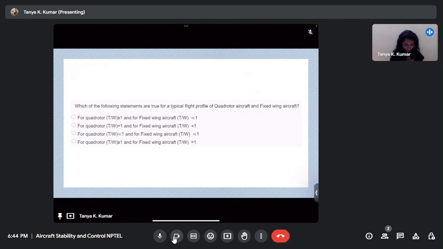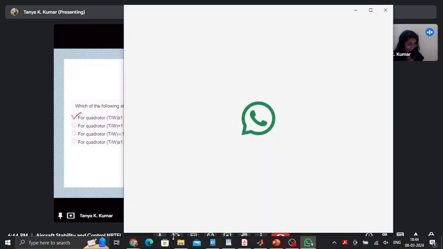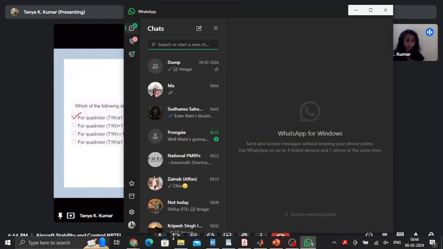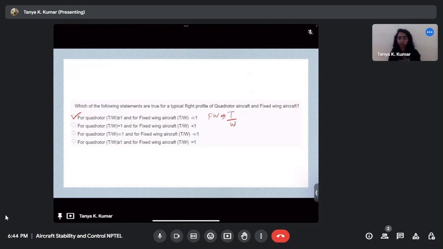So the first one is the right answer. Why? For a fixed wing, you know why the thrust to weight ratio will be less than 1?